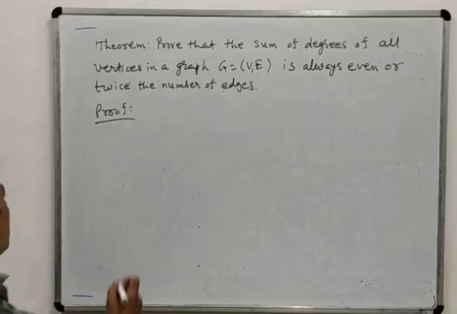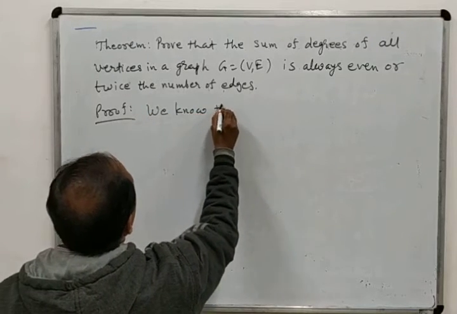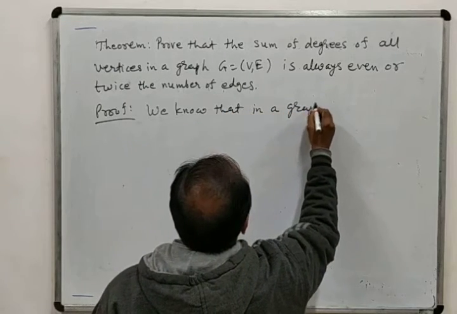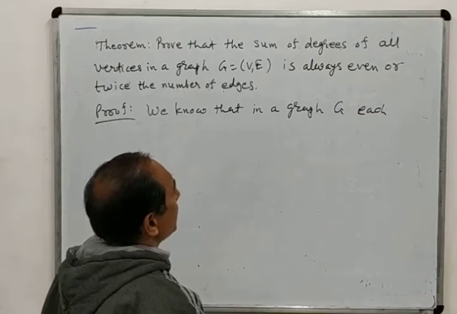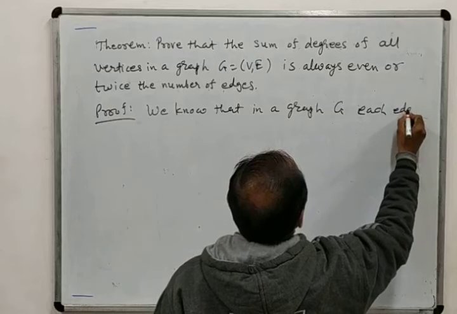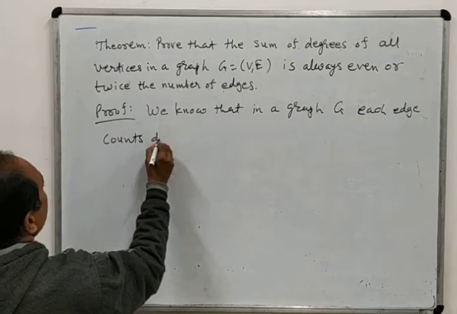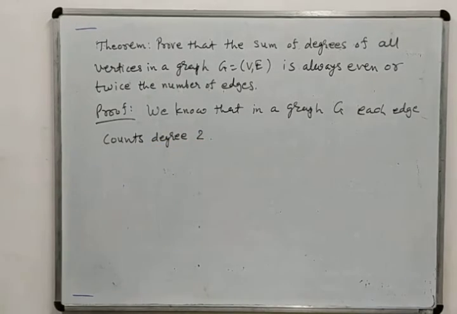We can do it very simply. We know that in a graph G, each edge counts degree 2. This we already discussed in the last example, so we will make use of this sentence.